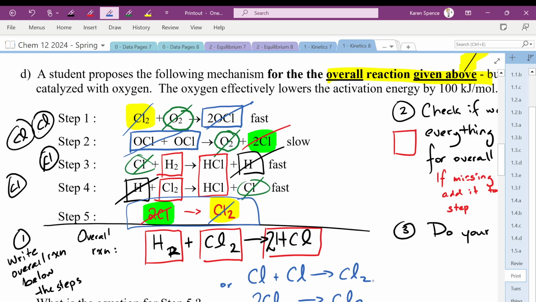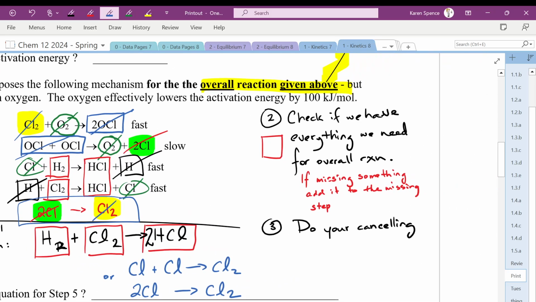Okay, so that is how you do it. And then anything that doesn't cancel, this is step 4, anything that doesn't cancel, you need to put into your missing step to cancel it out.